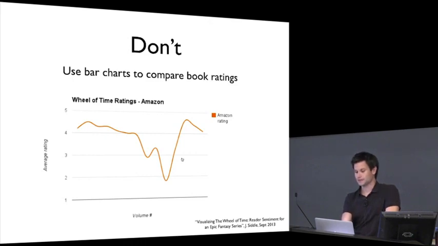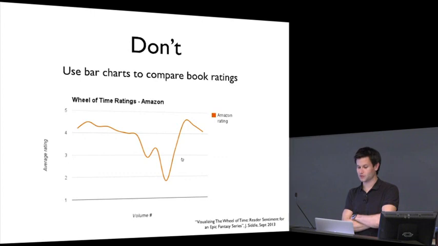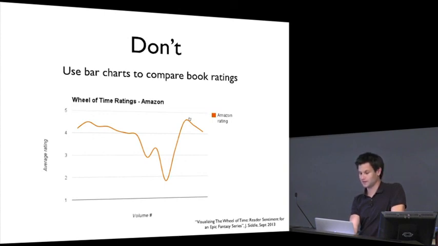Here is another bad example: the average ratings for the Wheel of Time. Who has read the Wheel of Time? Okay, it's not that popular, I guess. I haven't read it, so I don't know if it's worth reading. You will see that at the beginning the average rating was quite high, then it dropped, and then it was quite high again.